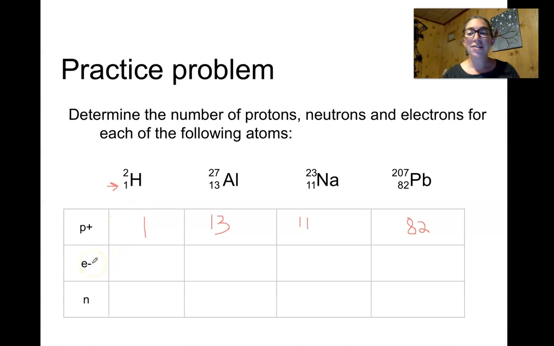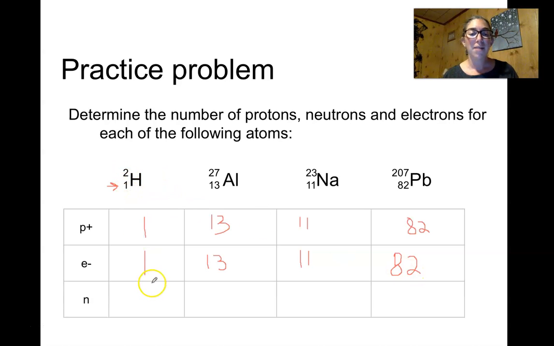Number of electrons, since these are all neutral atoms, it's going to be the same as the protons. So I'm just copying the number from the first row into the second row. And for number of neutrons, we do that little subtraction problem.